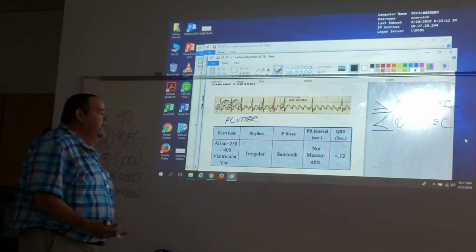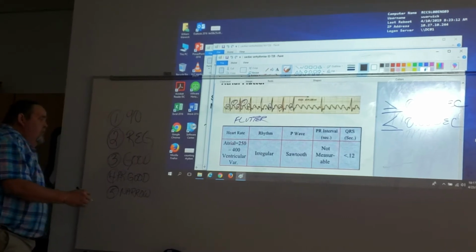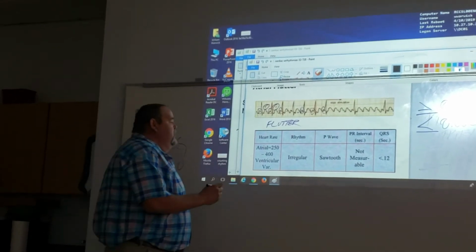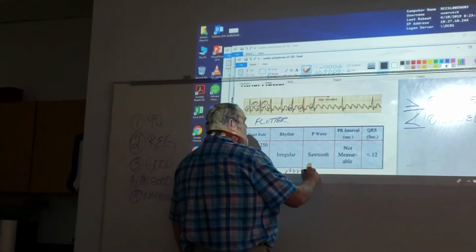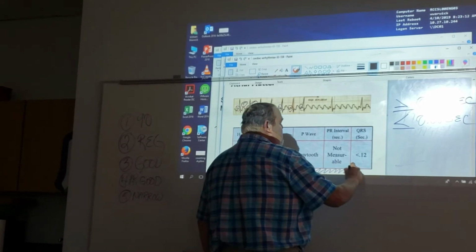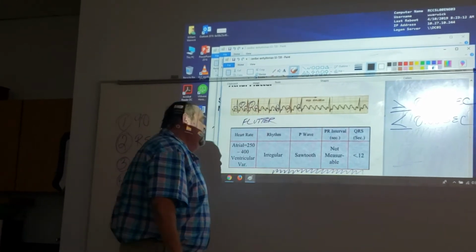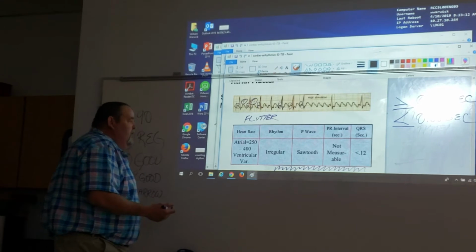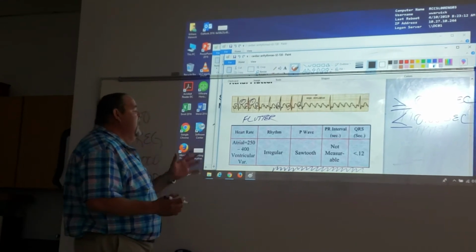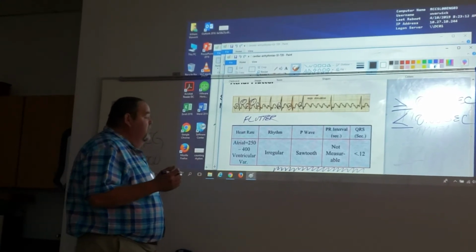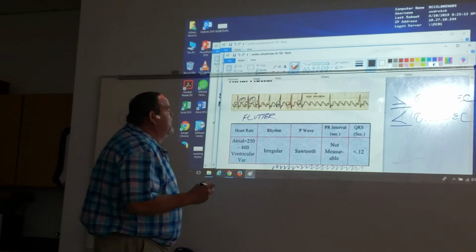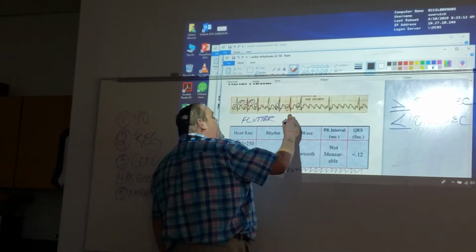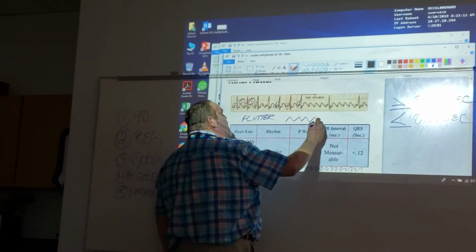What flutter is, you remember I told you atrial fib, when you're looking at it, looks like this right here. If you didn't look at the QRS, you just looked at the atrial. Okay? That's what it is. This right here is atrial flutter, which means it's slower, more calculated.